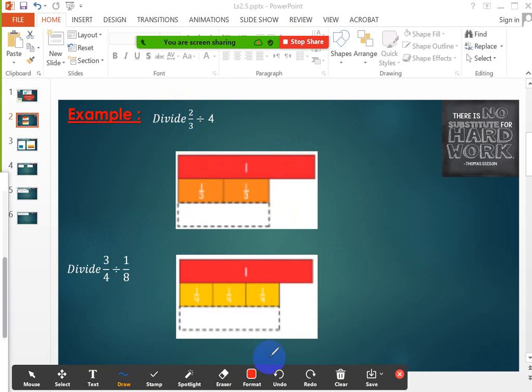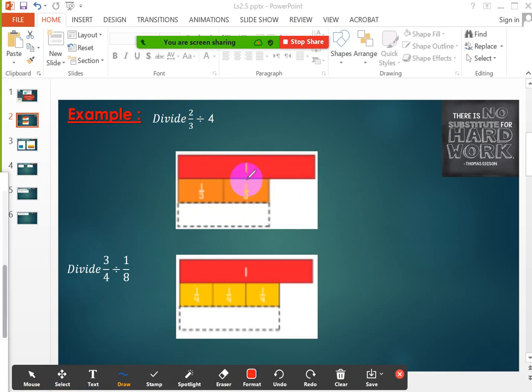Focus with me now. Now, 2/3 divided by 4. First thing, I will draw the fraction strip that represents 2/3. 2/3 means I want to draw 1/3, two parts of 1/3. 1/3 means what? 1/3 means I will divide the 1 into 3 equal parts.